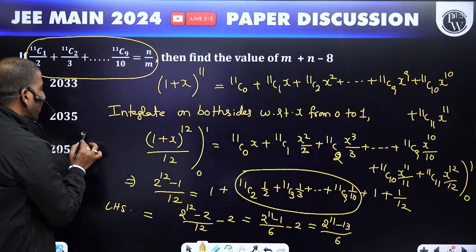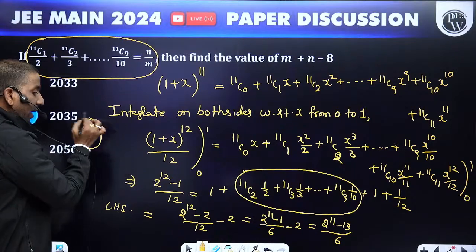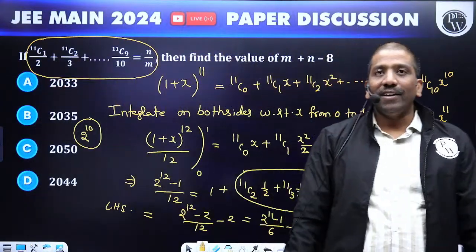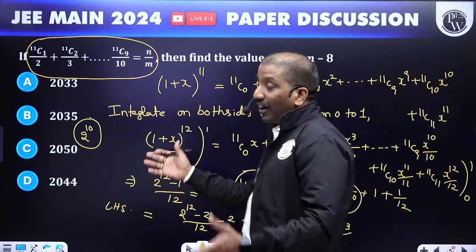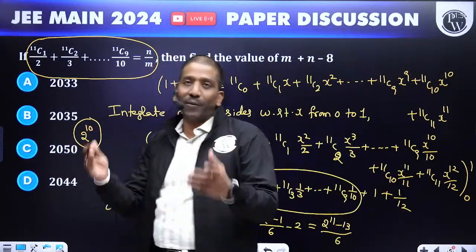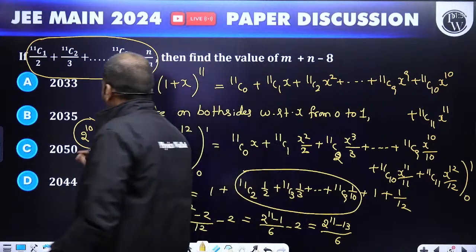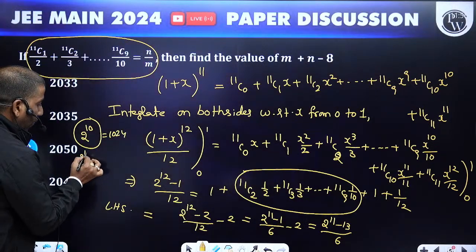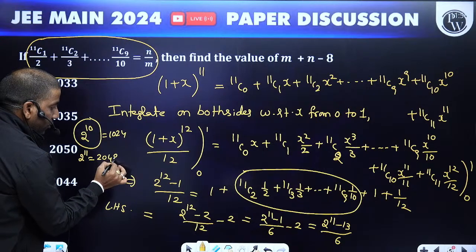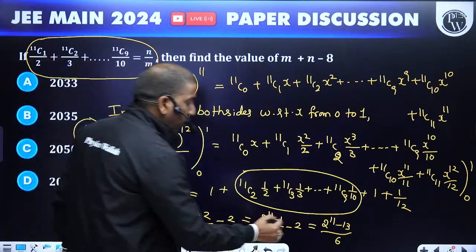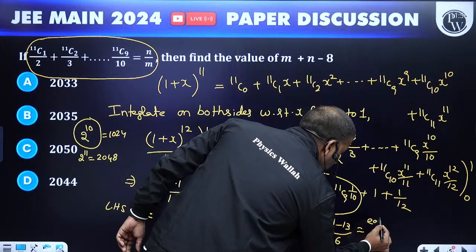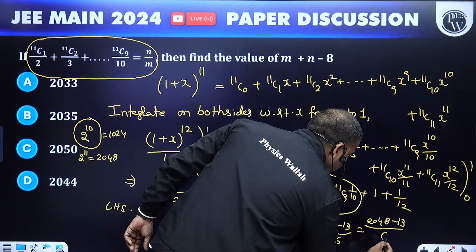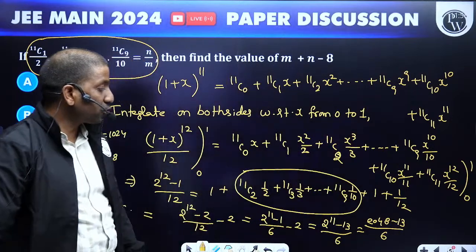So 2 power 10: when we write 1 MB, 1 KB, MBs in KB, GBs in MBs, we always take 2 power 10, 1024, right? So this is 1024. So 2 power 11 is 2048, 2048 minus 13 by 6, right?